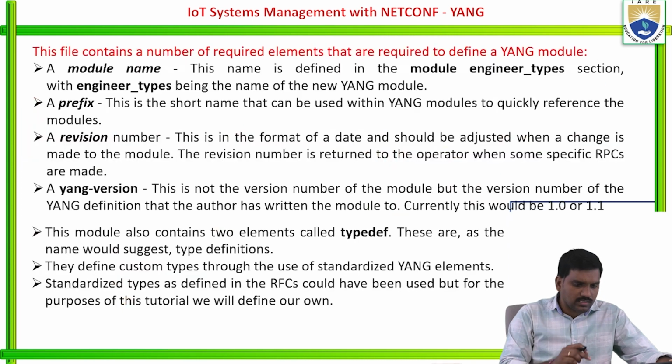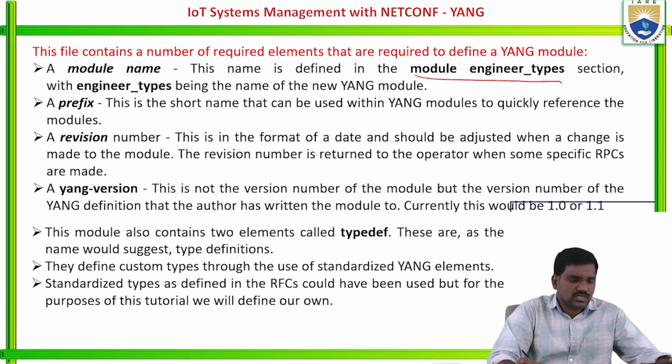Explaining theoretically, the module name is defined as module engineer_types, with engineer_types being the name of the new YANG module. Before anything else, we have to insert the name and save the file. Only then do we write the programmatic steps. So this is the first step: involving the name along with the type.